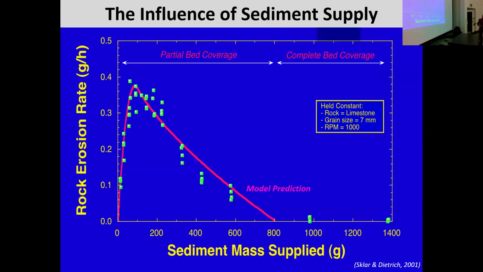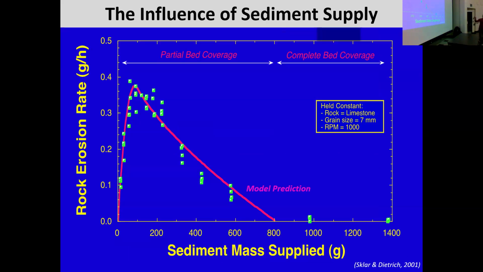Here are some of the erosion rate data: erosion rate on the vertical axis and sediment mass on the horizontal axis. You can see as the mass of gravel goes up from zero, the erosion rate goes up really rapidly through this tools effect. But it peaks, it reaches a maximum, and then gradually declines all the way down to zero as the bed gets more and more covered.